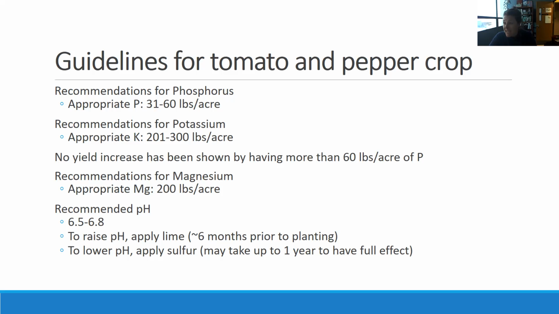Recommendations for potassium, again, for pretty much all vegetable crops, 200 to 300 pounds per acre. No yield increase has been shown by having more than 60 pounds per acre of phosphorus. And I think particularly in our very price increase times, that's an important thing to really pay attention to, because a lot of times I know that people apply a complete fertilizer, something that has N, P, and K, right?